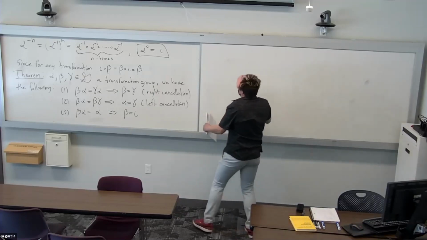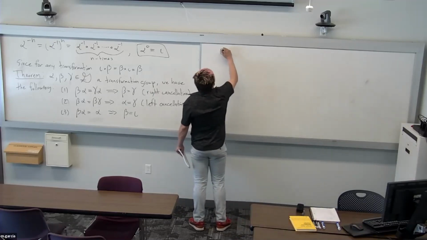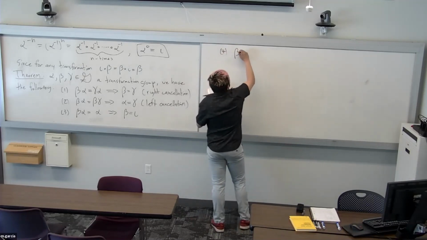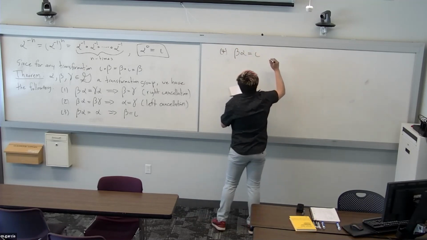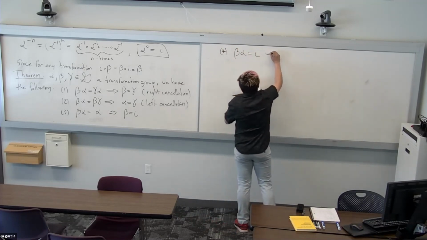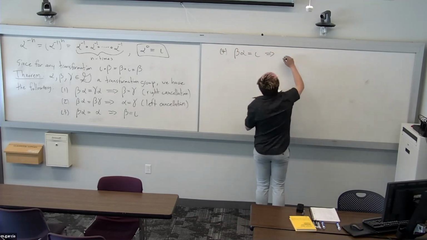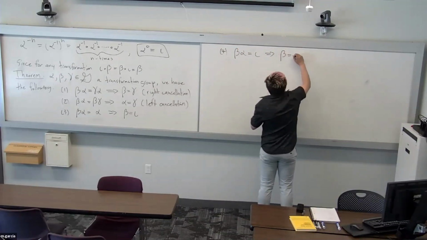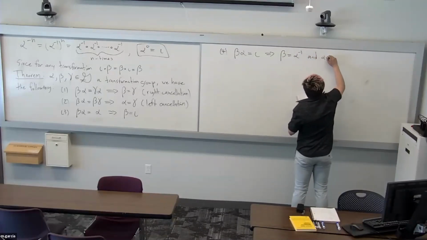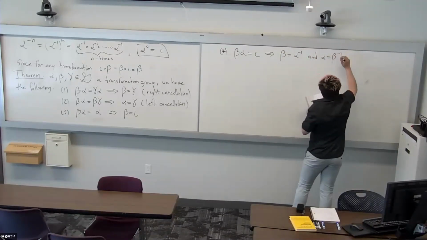And fourthly, if we have beta alpha equal to iota, this implies that beta is equal to alpha inverse, and likewise alpha is equal to beta inverse.